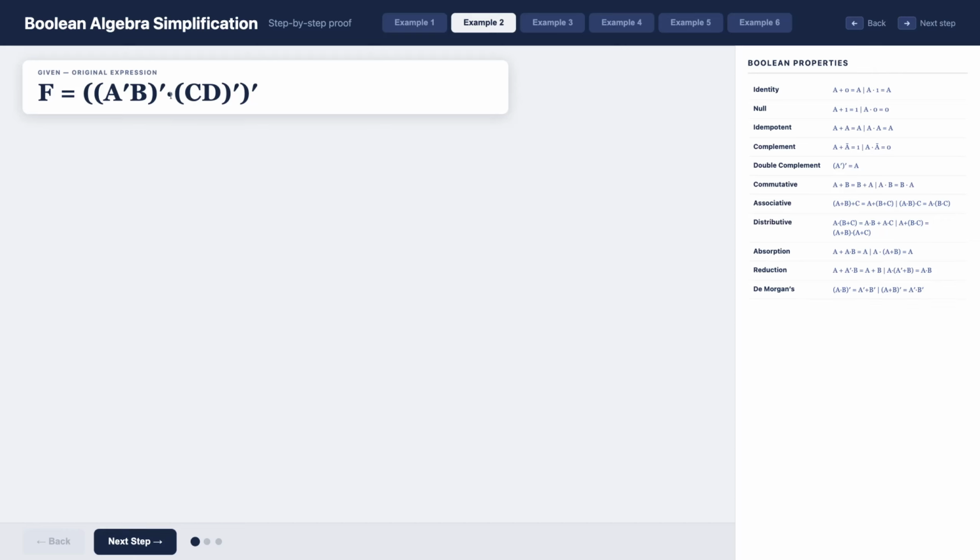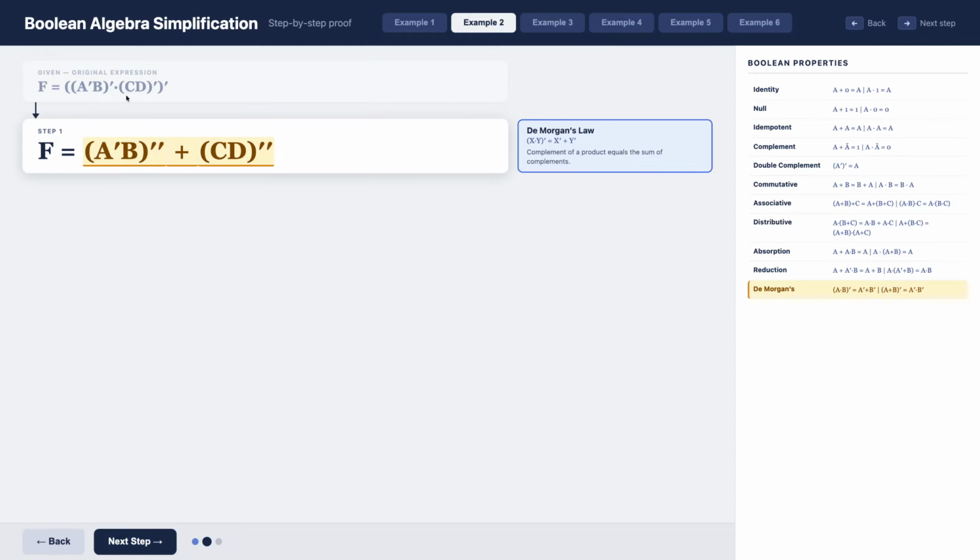Okay, so what we're going to do here is we're going to apply Boolean properties. Okay, so think of this as having a bar over the whole top of it. It's kind of tedious to code that into a graphic, so we just have a prime. So for the first step, we're applying De Morgan's, and De Morgan says if you take a product and you take the complement, it factors into basically changing the sign, but then applying the complement to each individual term.